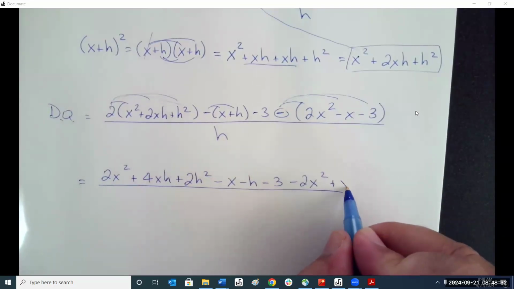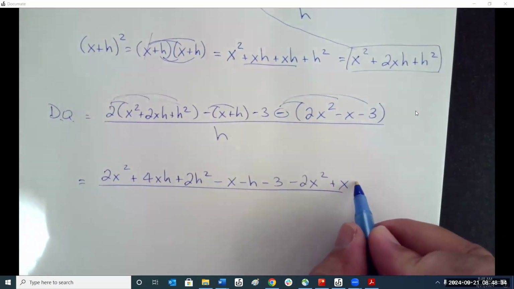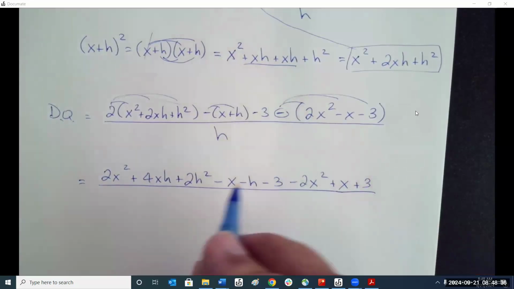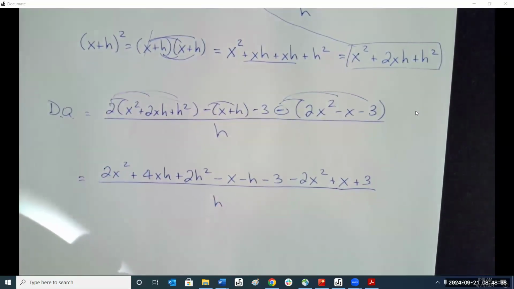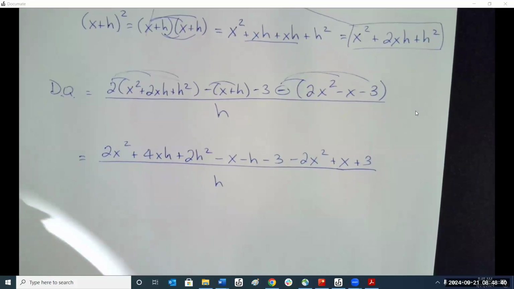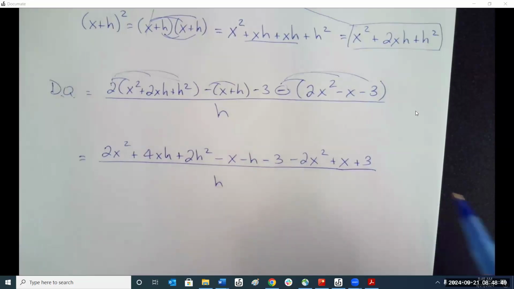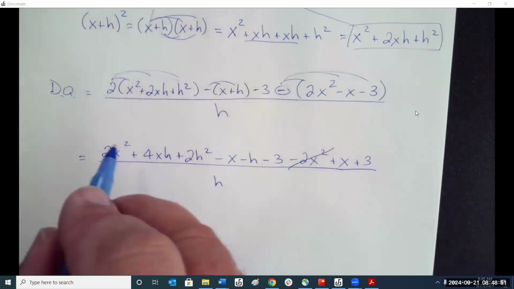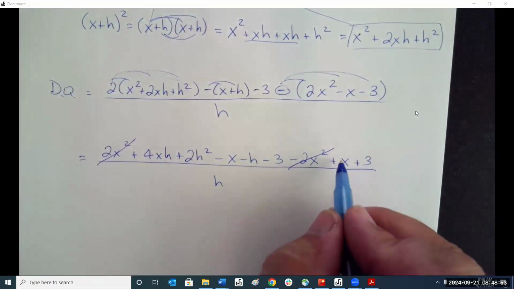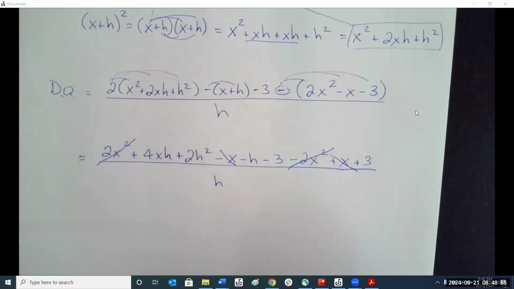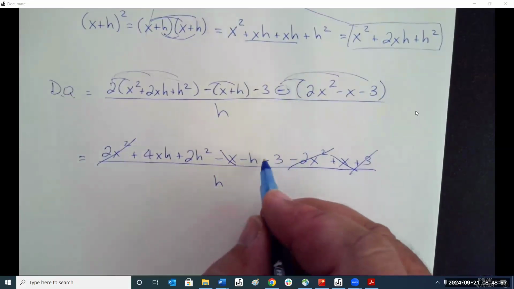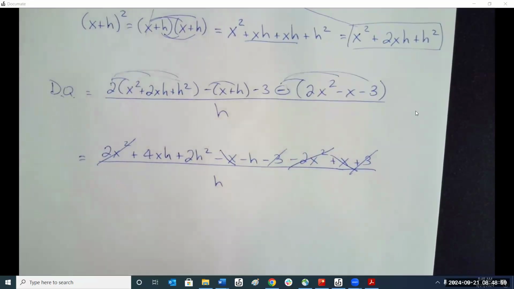Negative x becomes positive x. Negative 3 becomes positive 3 over h. We got rid of the parentheses, combine like terms. Remember, everything after this minus, all these have to cancel. So this negative 2x squared, positive cancel. Positive x, negative x. Positive 3, negative 3.